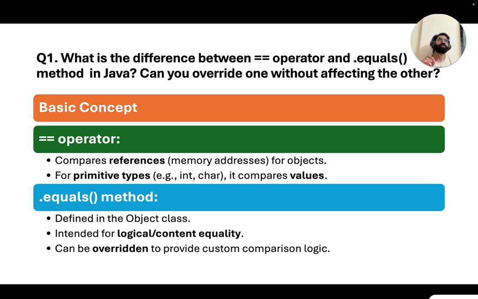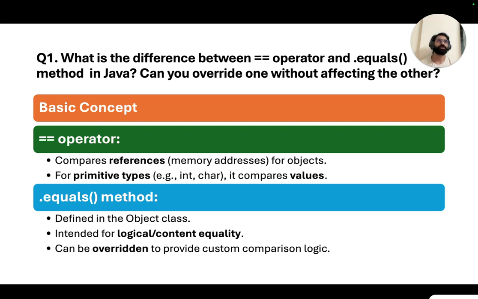And the .equals() method is already overridden inside the Object class. It is intended for logical or content equality. With the .equals() method, you can compare whether the content of two objects is equal or not. This can be overridden to provide custom comparison logic.